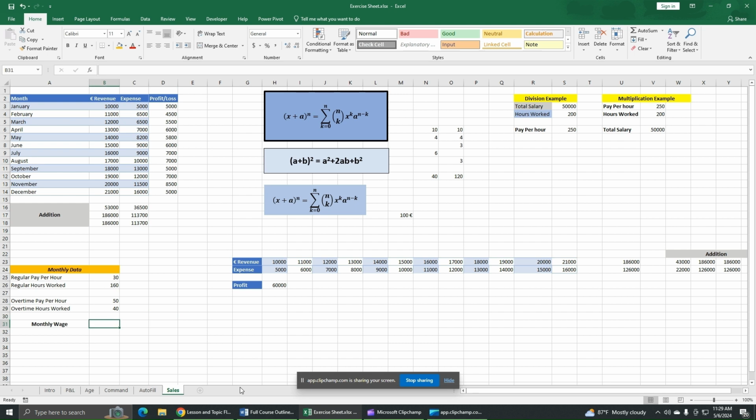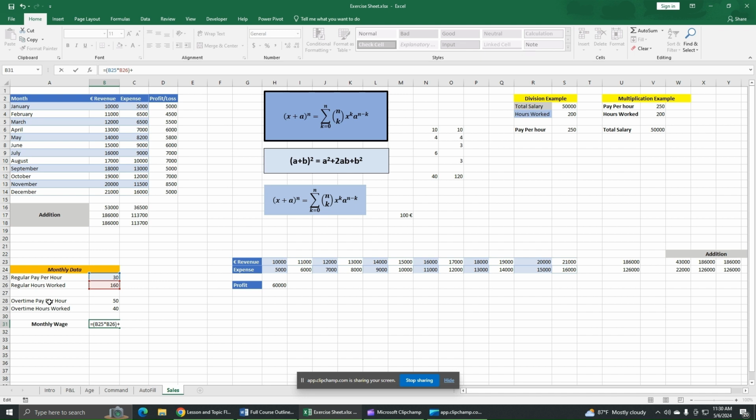If we add these, we will get the monthly wage. Okay, so to calculate this, start with the equal sign. We have to multiply these two, per hour wage, by pressing the multiply sign on your keyboard, then select this one. We should place a bracket around this data, and then give a plus sign.